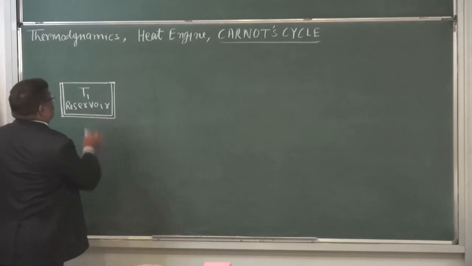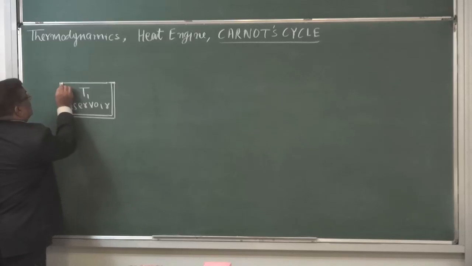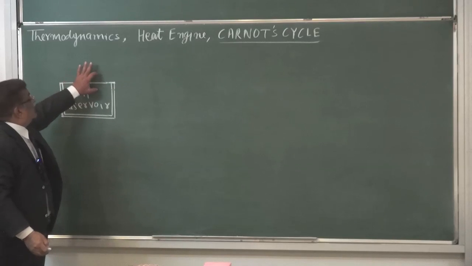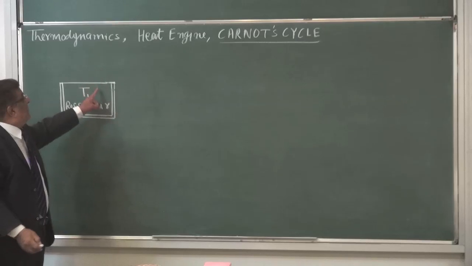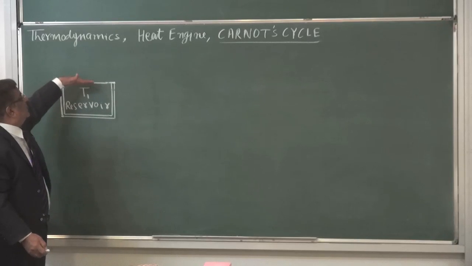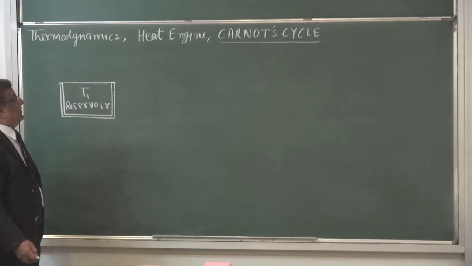This is a reservoir. It has a high temperature T1. This surface of the reservoir is a conducting surface. From here heat can be transferred very easily. Anything we place on it, this can give heat to that body, or that body can give heat to it.